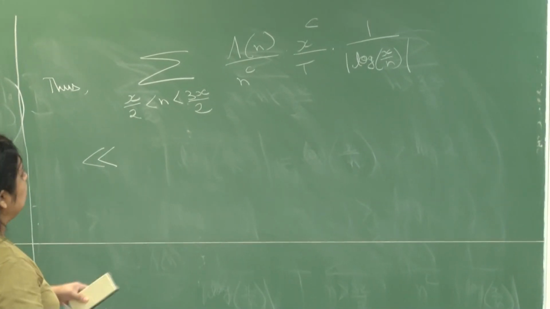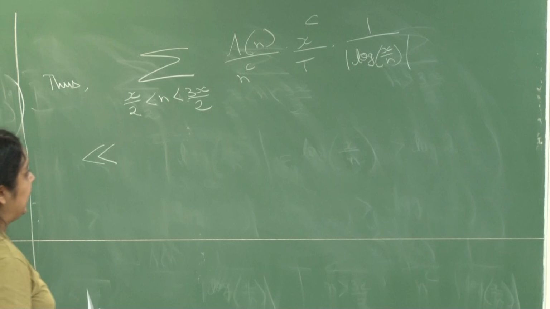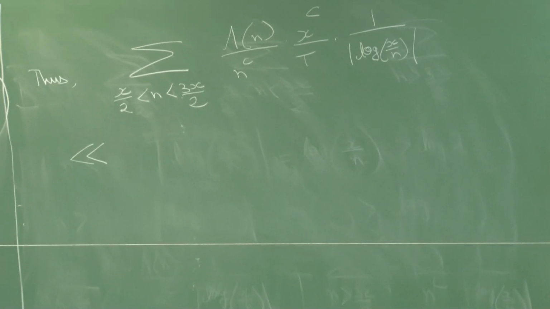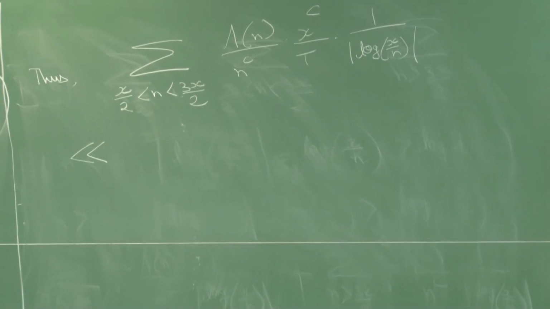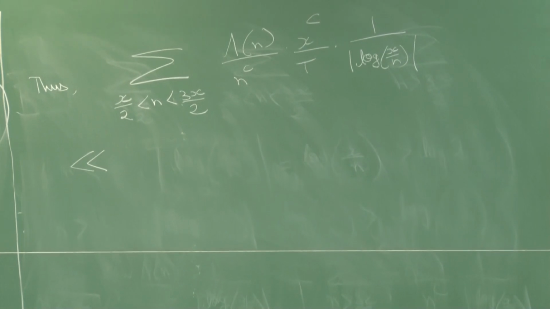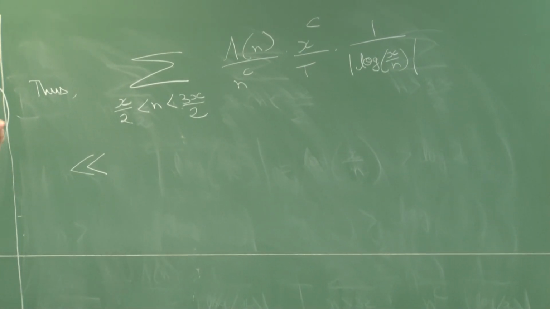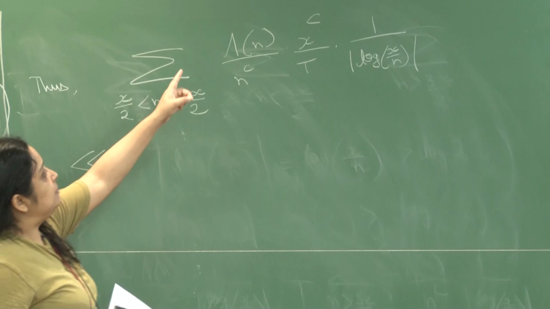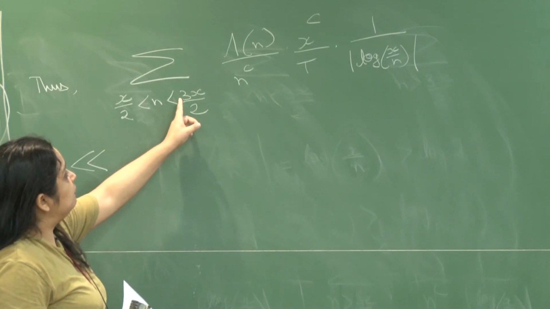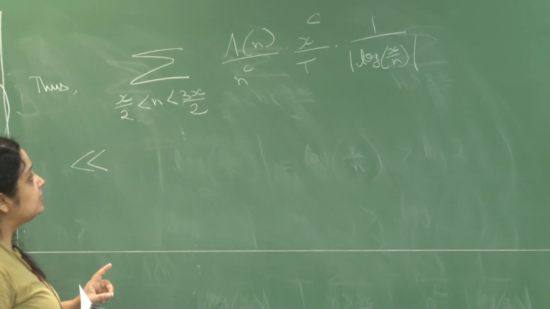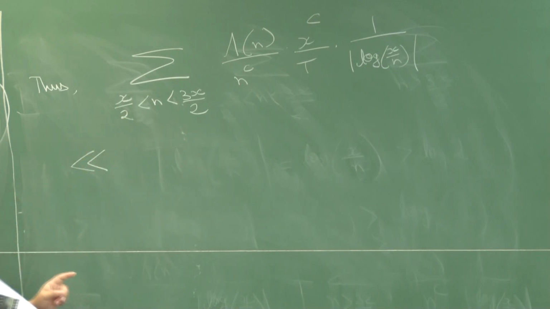So, first of all, lambda of n, you know that it picks up the value log p if n is a prime power, and 0 otherwise. Now, if n is a prime power bounded above by some constant times x, then you can also show that lambda of n would be at most log of x.